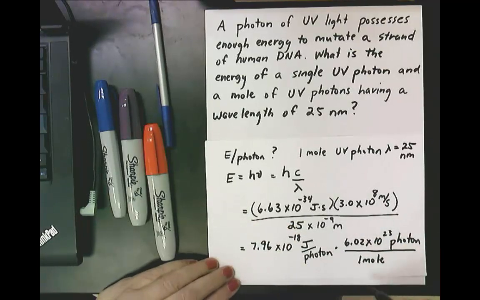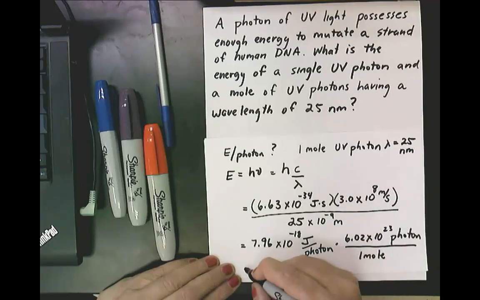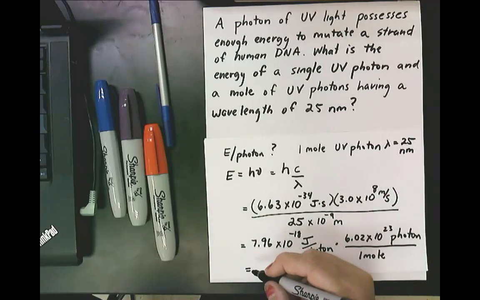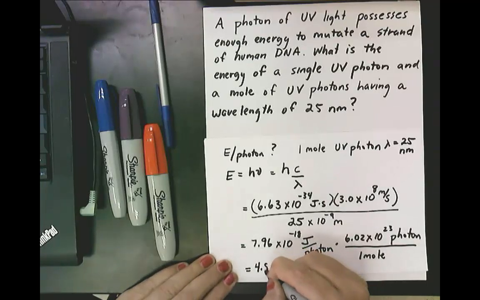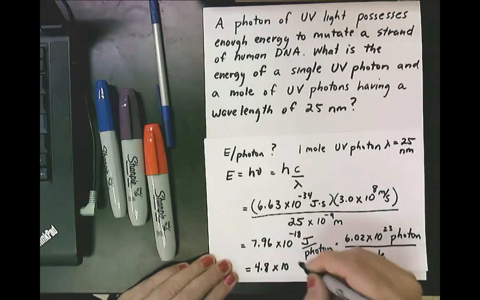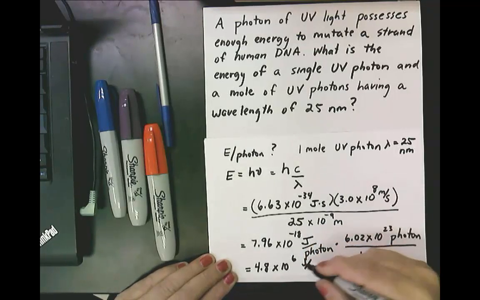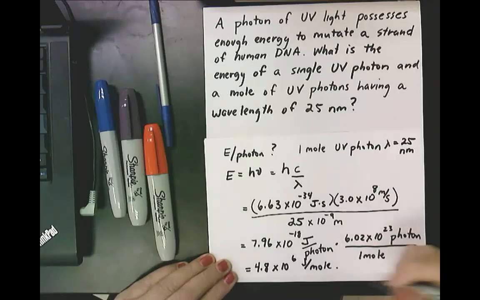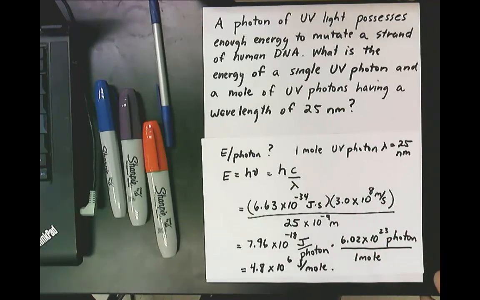Okay, let the calculator do the work. Photons cancel, and I come up with 4.8 times 10 to the 6 joules per mole. Okay, so that's solving a problem with the energy formula.